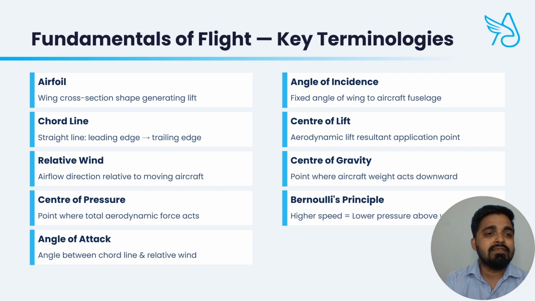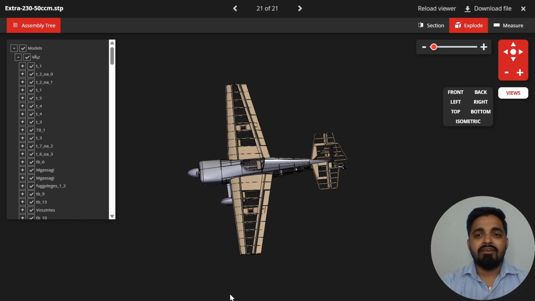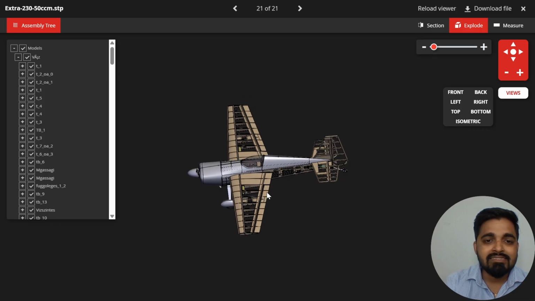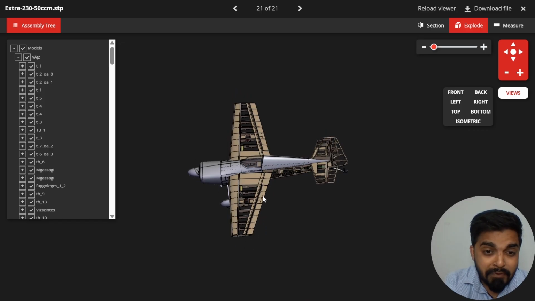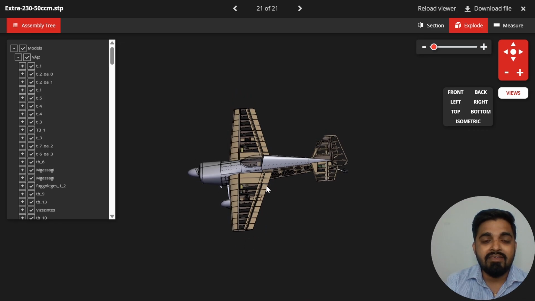So let's first understand what an airfoil is. First one, the airfoil. Let's understand the airfoil with the help of the 3D model. You can see the 3D model of the aircraft. This is a complete model. As I said, the airfoil is the cross-sectional shape of the wing.